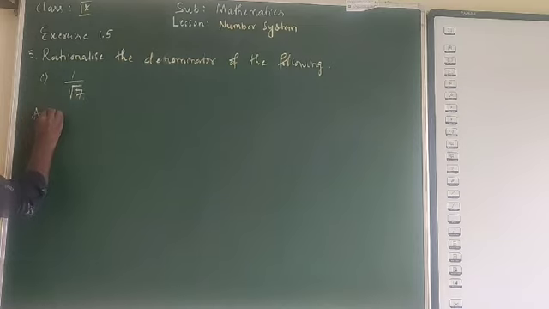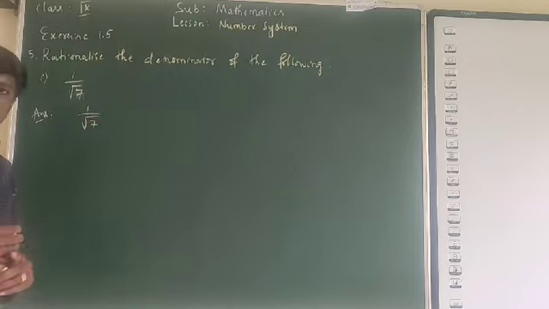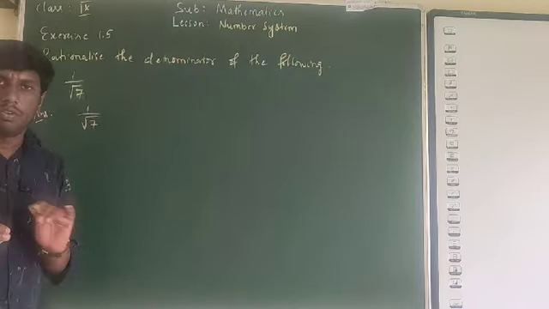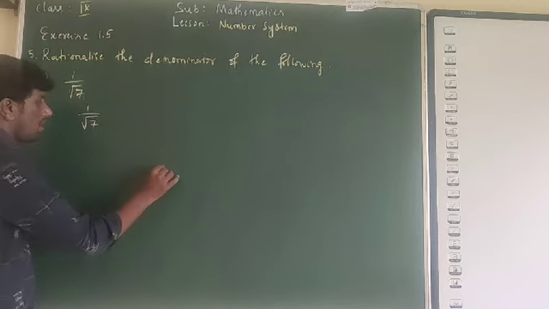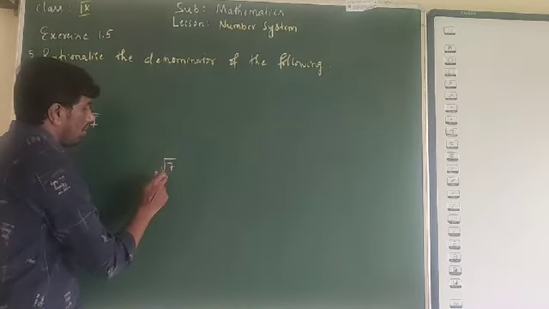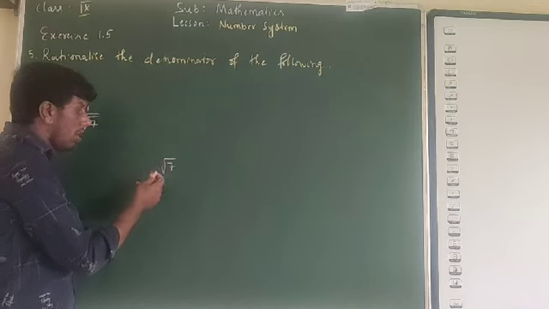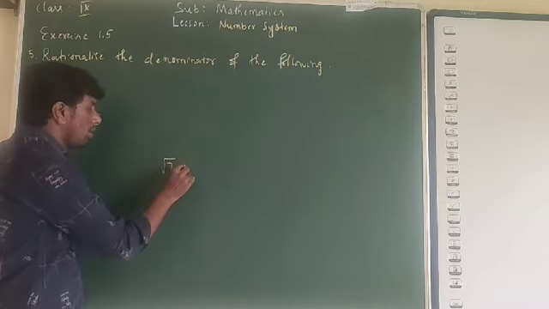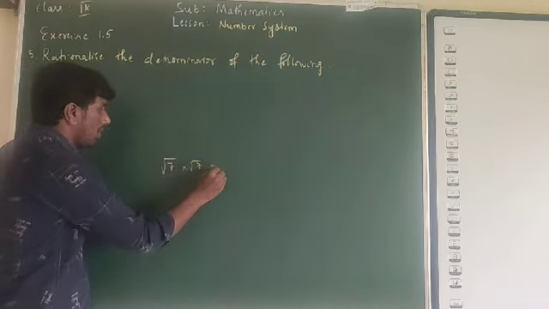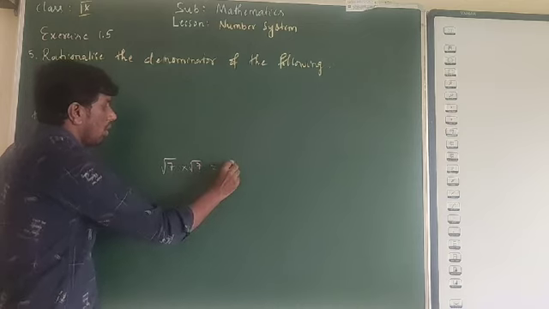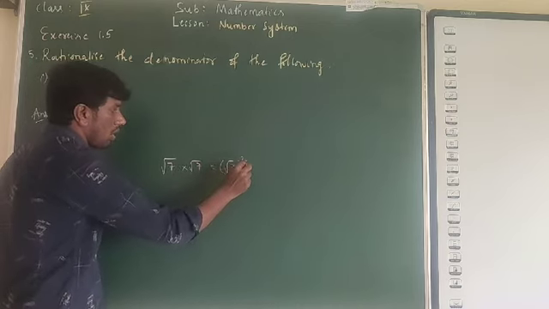The number is 1 by root 7. In order to rationalize the denominator, it is very easy. Suppose I have root 7, an irrational number. If I want to bring it to a rational number, multiply with root 7. What will happen? Root 7 into root 7 is root 7 whole square.